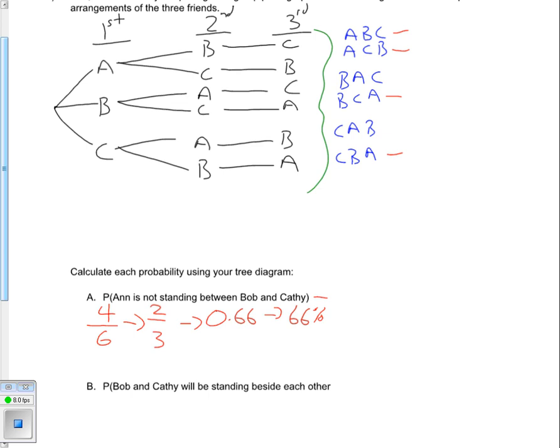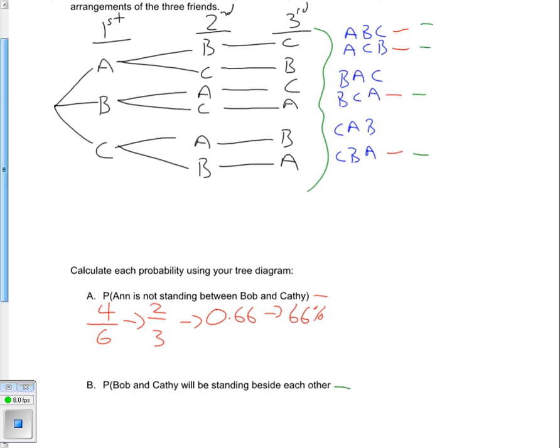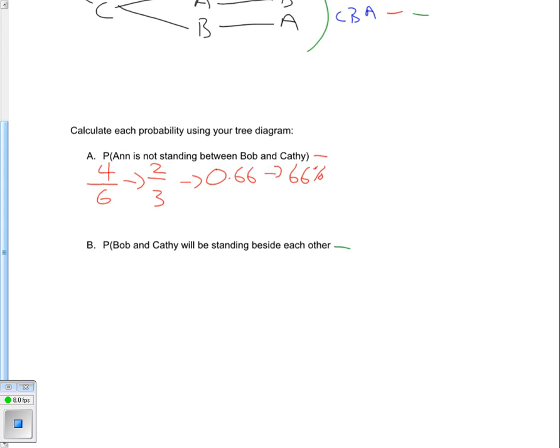If they're standing beside each other, it means that Anne is not in the middle, so we have the same situation here. 4 out of the 6 combinations, we have Bob and Kathy standing beside each other. That's the equivalent of 2/3 as a fraction in lowest terms, which is the same as 0.66.